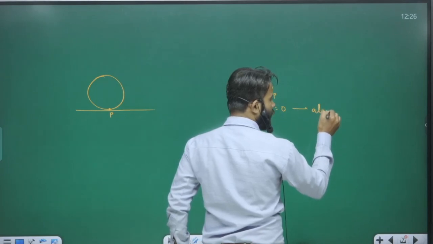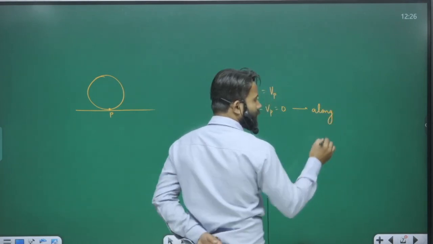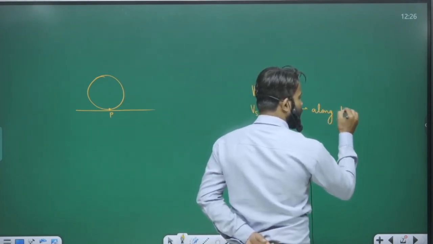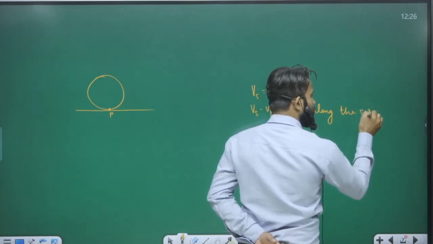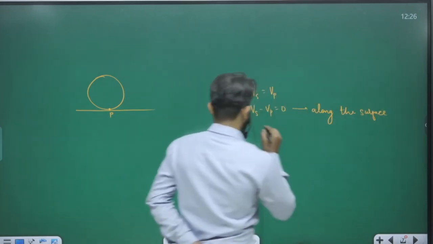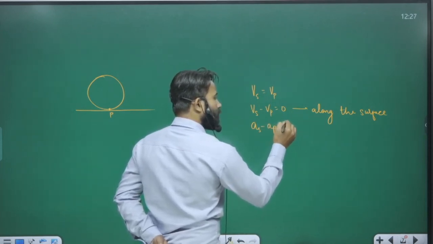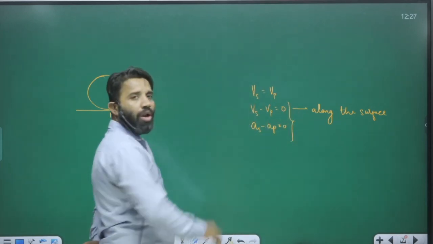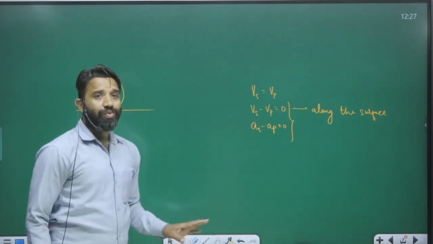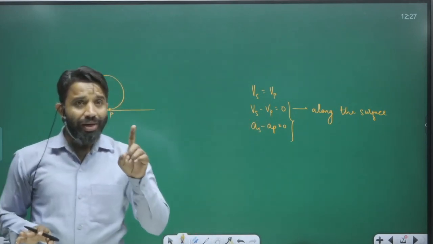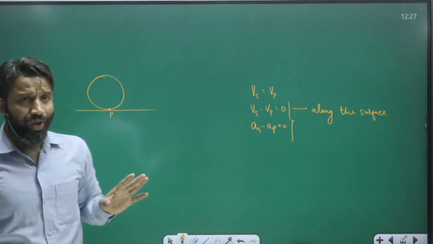We are not talking about any velocity or acceleration perpendicular to it. Similarly we can write A_S minus A_P equals 0; this is all about along the surface. We are not talking about the direction perpendicular to the surface.